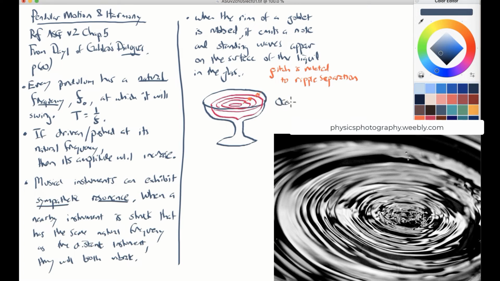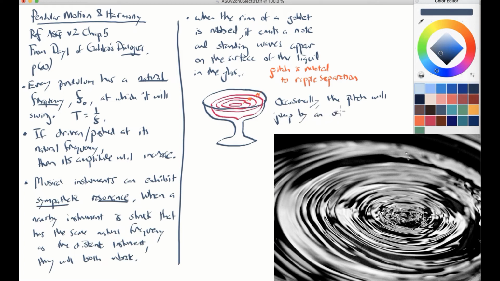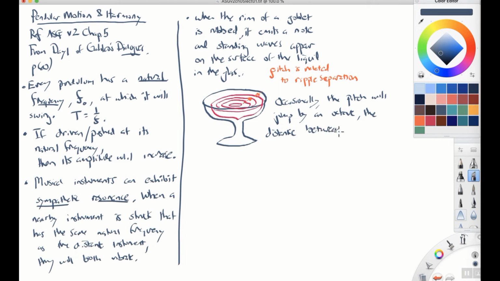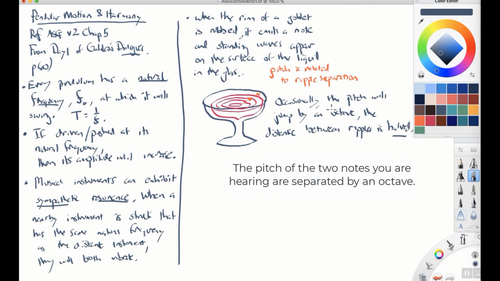So occasionally the pitch will suddenly become higher. The pitch will jump by an octave. And when that happens, the distance between the ripples is halved. So when the pitch goes up by an octave, the distance is halved.